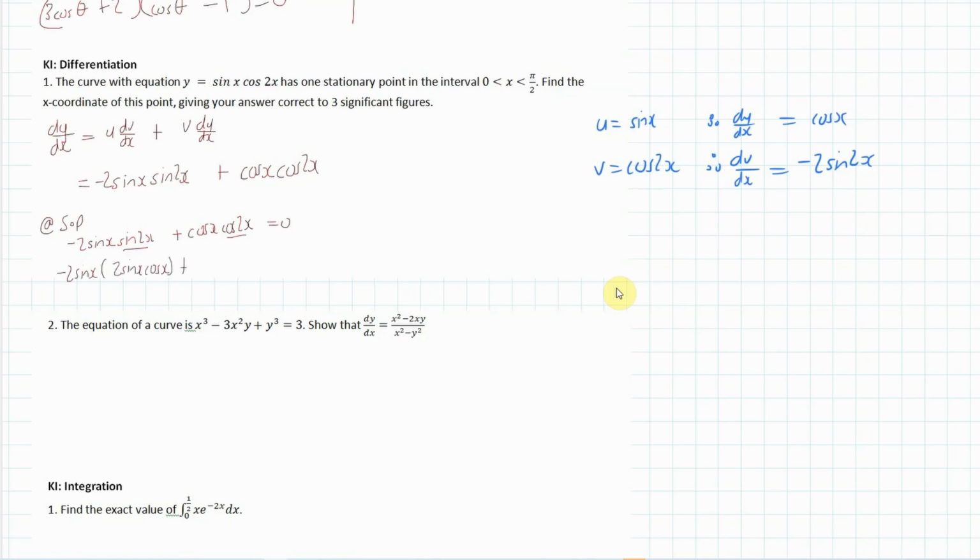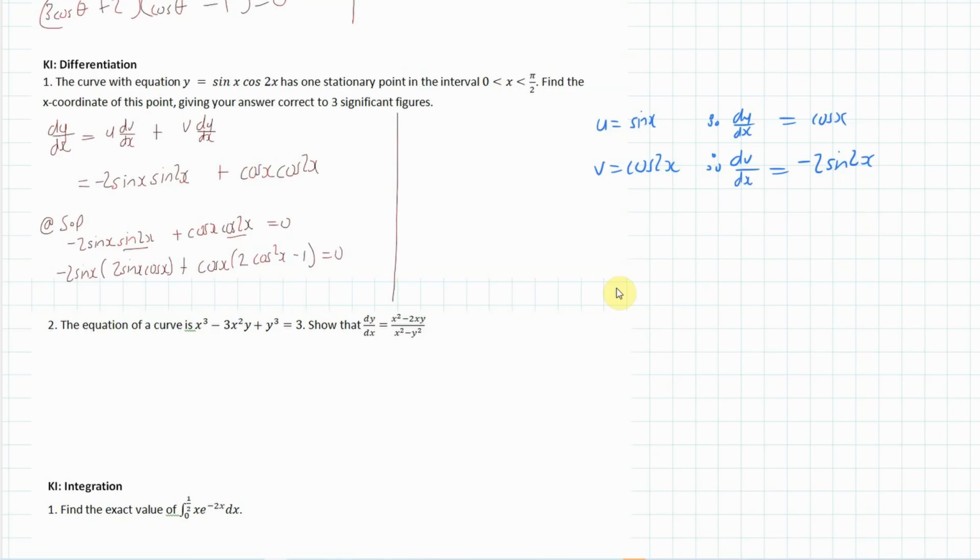And then for the cos 2x, I'm going to try and get everything into cosines. So I'm going to go 2 cosine squared x minus 1. This should be equal to 0. Now, remember, this is on your formula sheet, and you want to get used to being able to use these, the double angle rules.